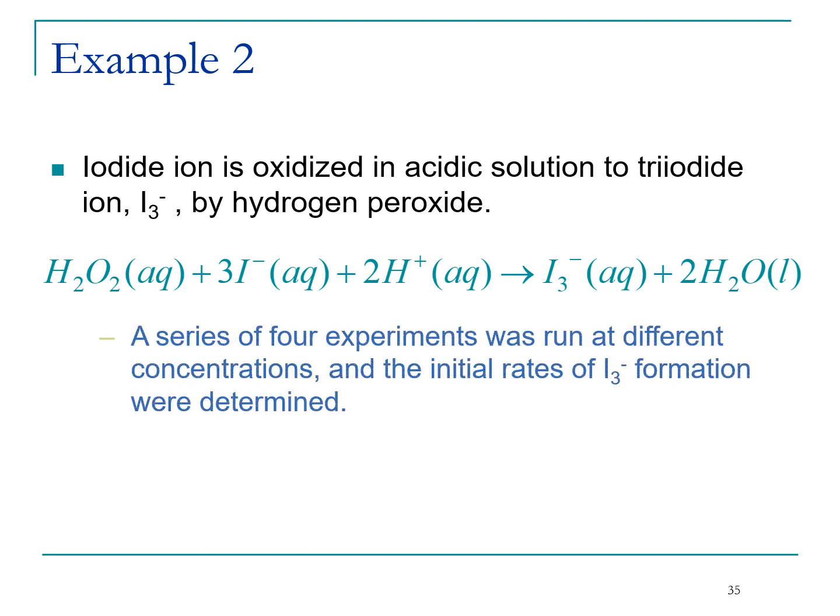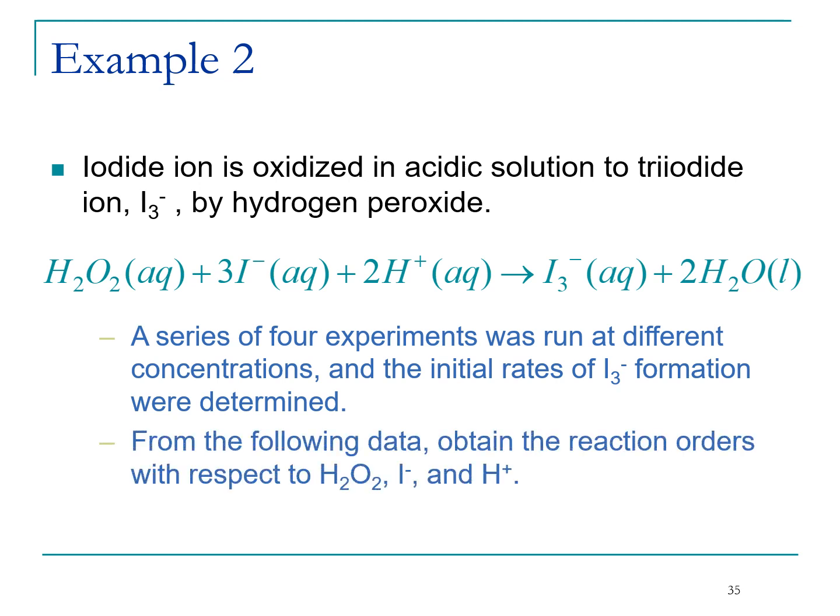So just like before, a series of 4 experiments was run at different concentrations of H2O2. This time there happens to be 3 reactants, so it just makes it more complicated, but it doesn't make it harder. And so the initial rates of I3 formation were found, and so the data is tabulated. And we can see that here on the next slide.